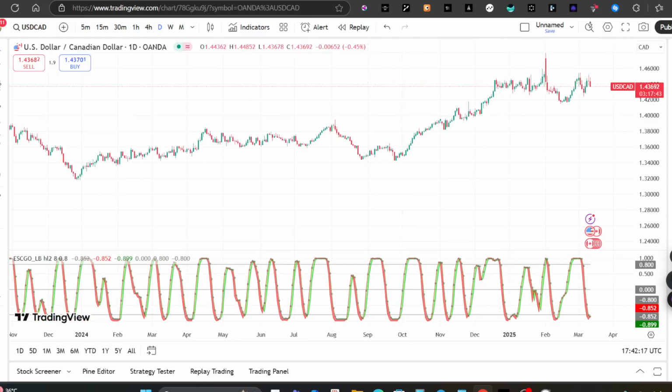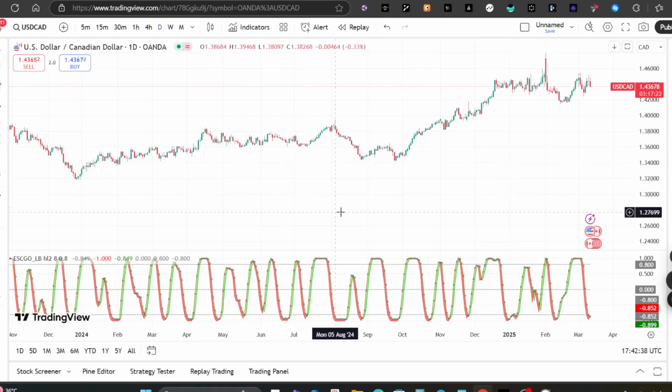Okay, now that we know what the oscillator does, let us talk about how to set it up on your chart. First of all, you'll need to open your trading platform and go to the chart where you want to apply the indicator. Obviously, in this case, we are assuming you are using a platform like TradingView or MetaTrader 4, for example. Both of them have customizable indicators.